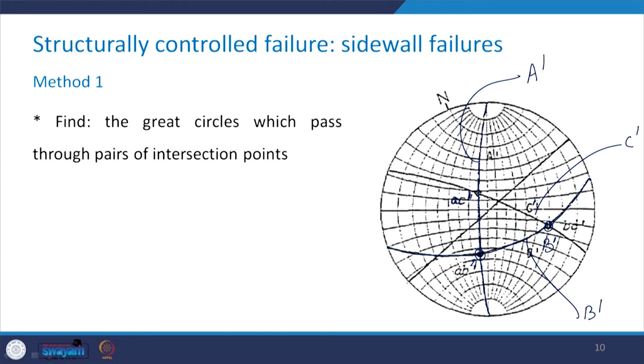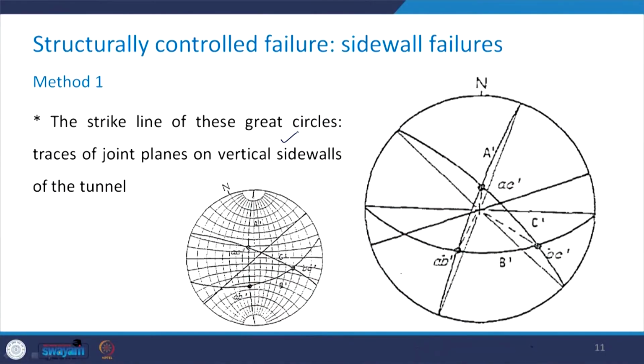So, this is how we get three great circles which are passing through these pairs of intersection points. Now, the strike lines of these great circles are going to give us the traces of joint planes on the vertical side walls of the tunnel.